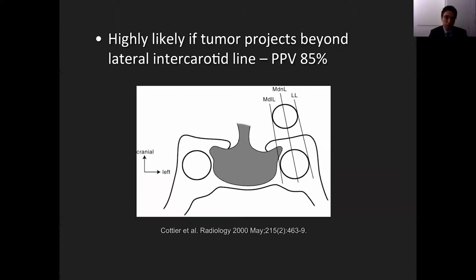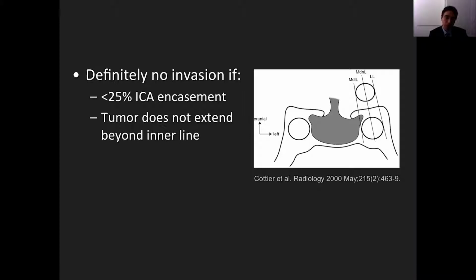If the tumor extended beyond the lateral intercarotid line, then the positive predictive value was also high. If the tumor did not encase more than 25% of the internal carotid artery, there was definitely no invasion of the cavernous sinus. Or if the tumor did not extend beyond the inner carotid line.